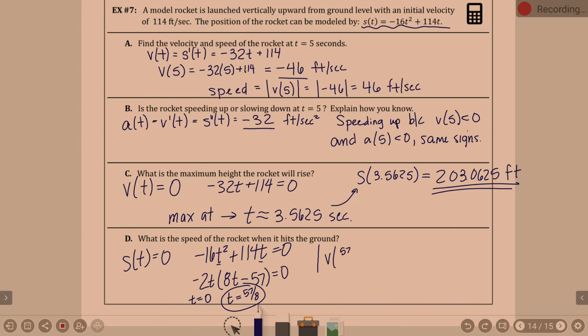So you're doing the absolute value of the velocity at 57/8: negative 32 times 57/8 plus 114. Do all the math there, and it does end up being 114.